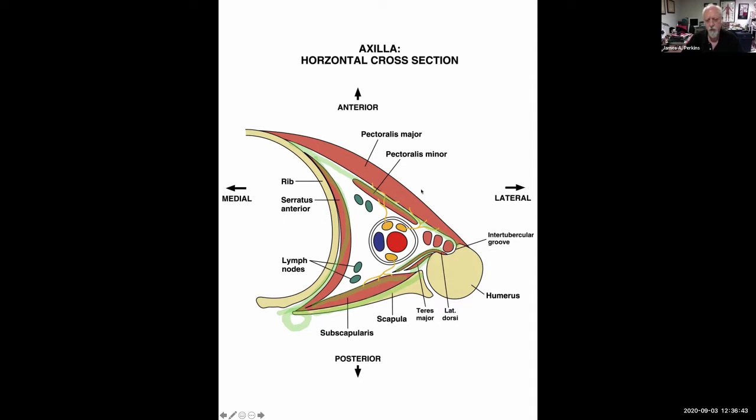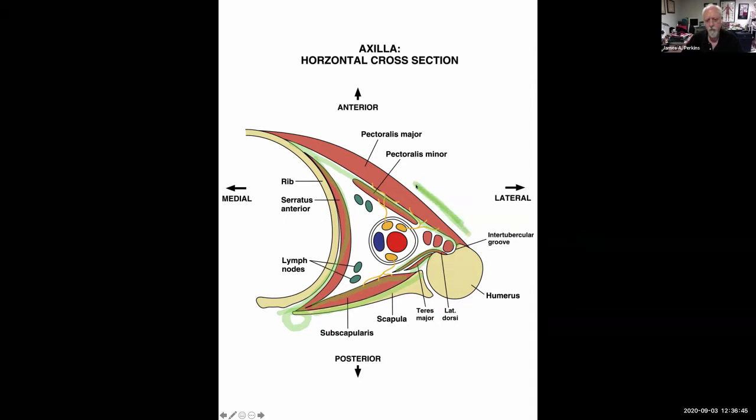And if you look at the anterior wall formed by things like pec major, and then the posterior wall formed by subscapularis, teres major, latissimus dorsi, you can see how those anterior and posterior walls kind of converge onto their insertion into the humerus.